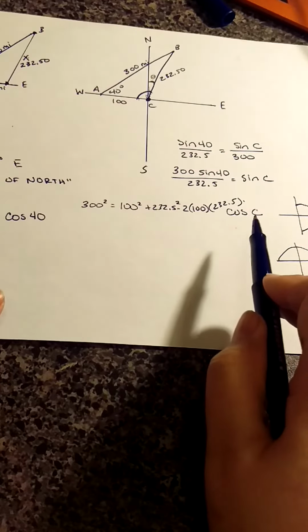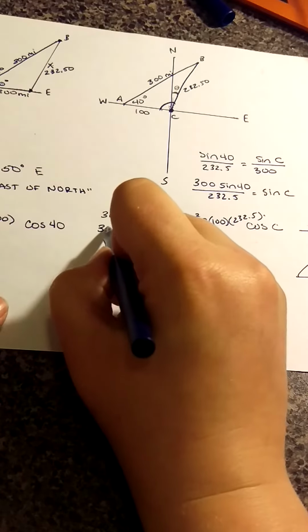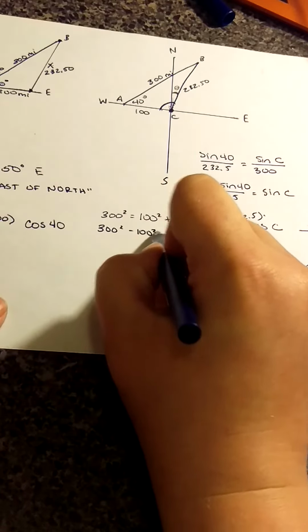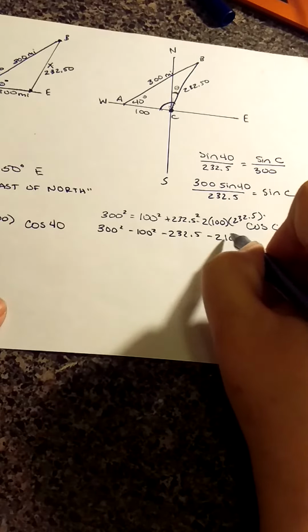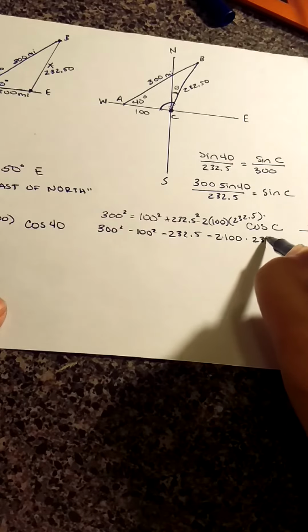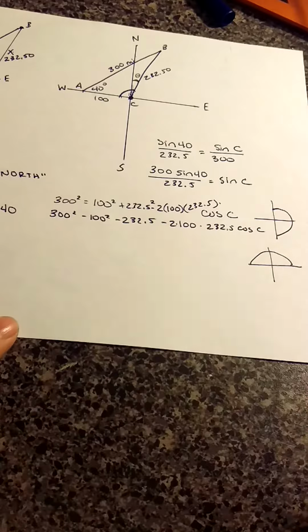And now I need to get that cosine of C by itself, so I'm going to move these terms over to the other side. And now this, oops, I left off an equal sign. There we go.